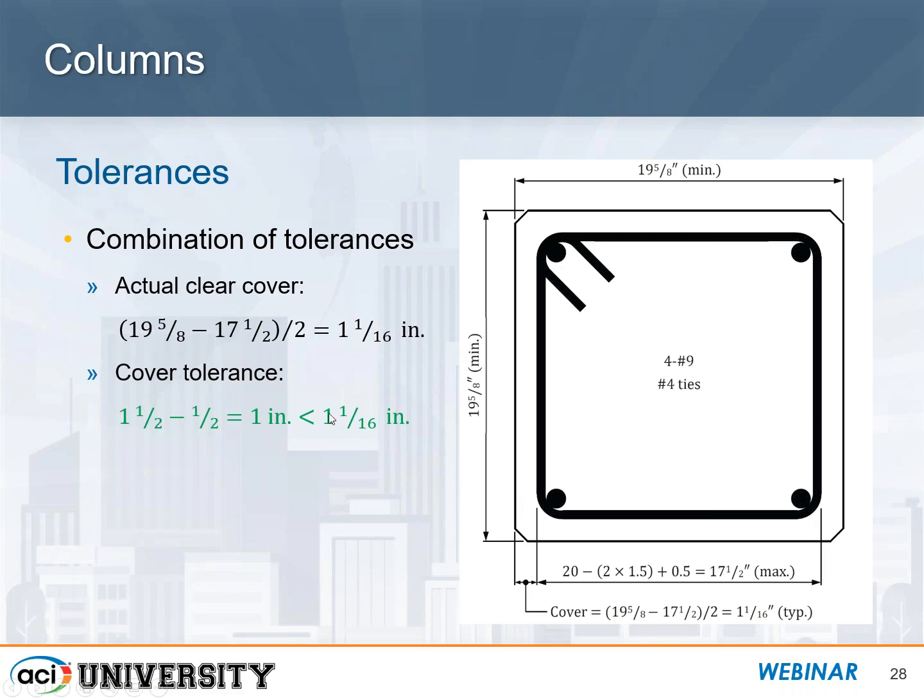So we're okay, even in the perfect storm of this particular situation we have in this column. 1/16 of an inch doesn't give you much leeway to get all of this in there and still be within the allowable tolerances that are given in ACI 117. Keep in mind, by making things simple, it's even going to be tight. So if you complicate things with more steel than what you need, things can go south very quickly.